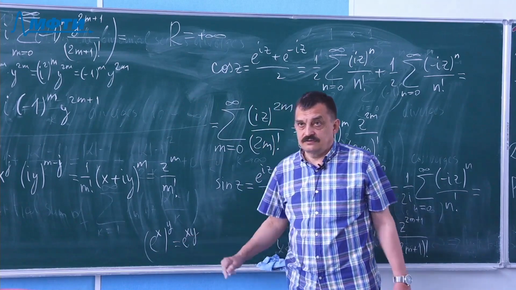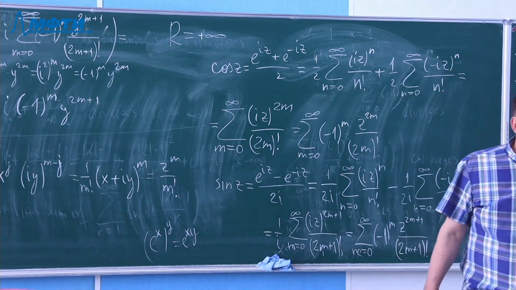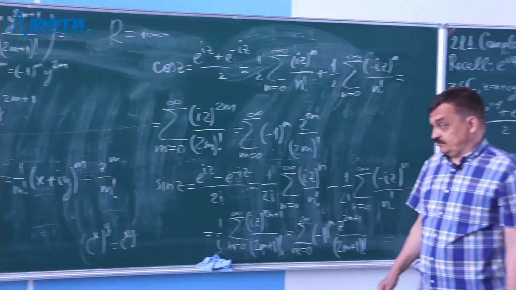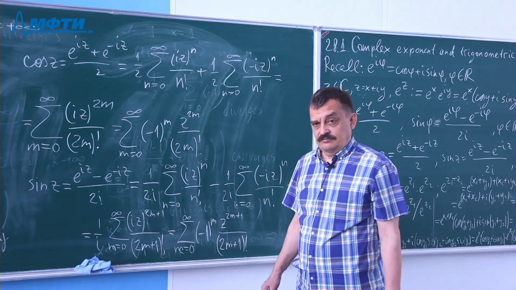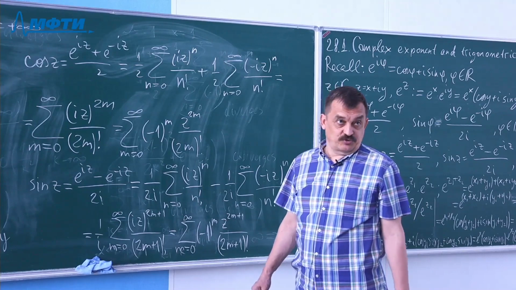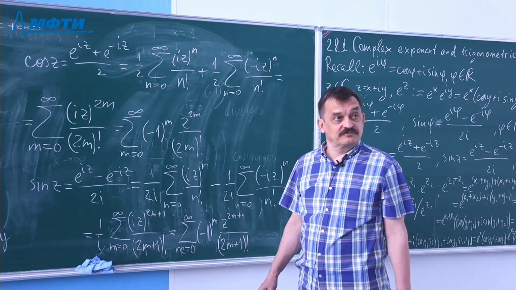We have such a property of the real exponential function. But there is no such property for the complex exponential function. Why?